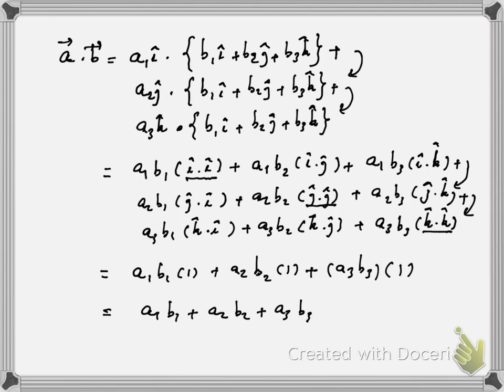For example, vector A is equal to 1, 2, 3 and vector B is equal to 2, minus 1, 5.